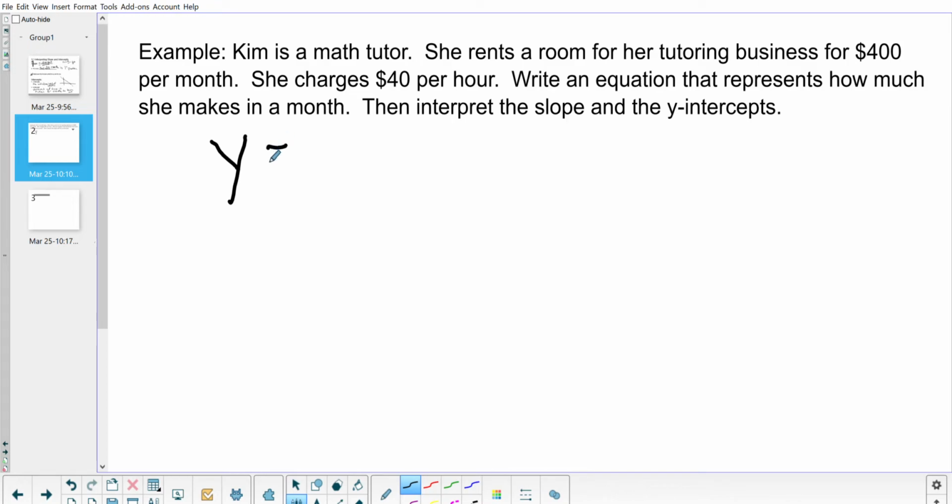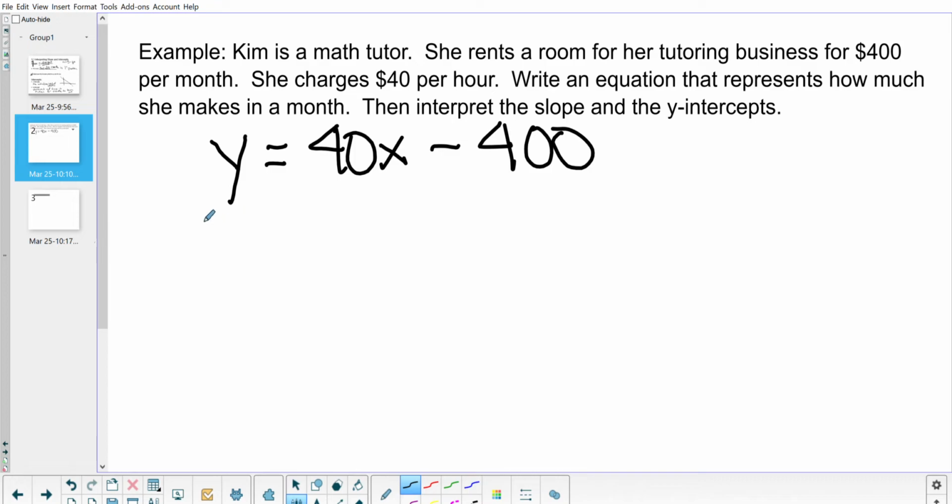If x is the amount of hours, she makes 40 times x, but then you have to subtract from that the $400 she has to pay in rent. There's the equation. Then we're going to interpret the slope and the intercepts.